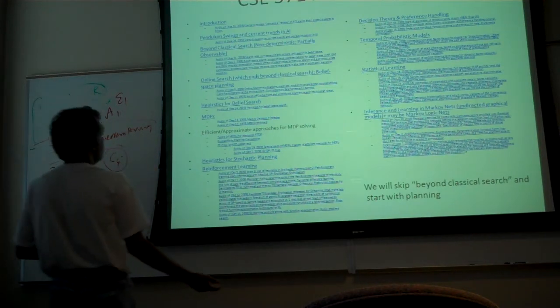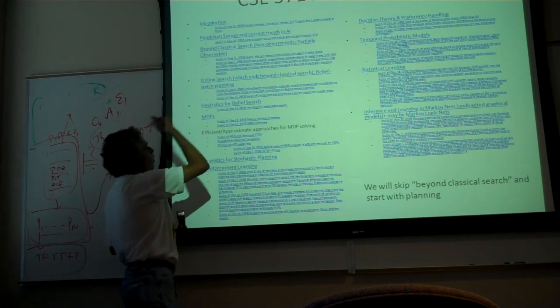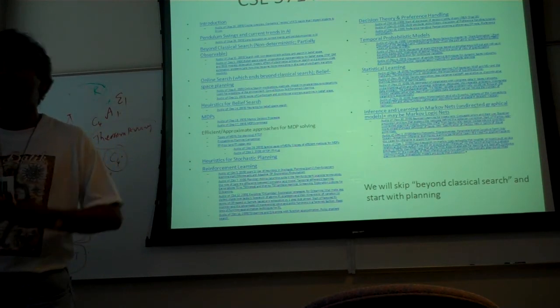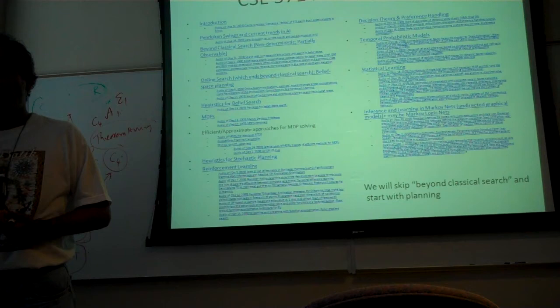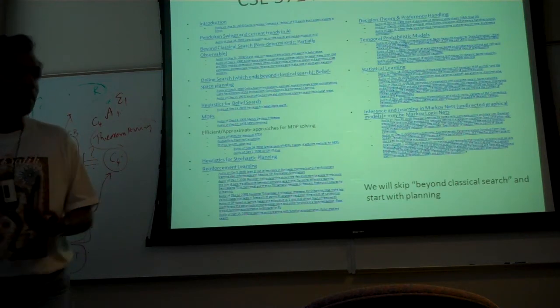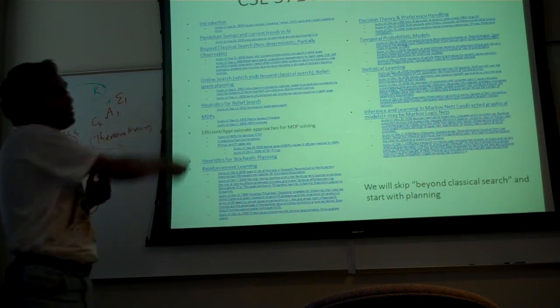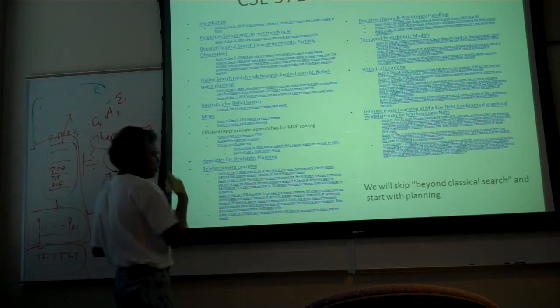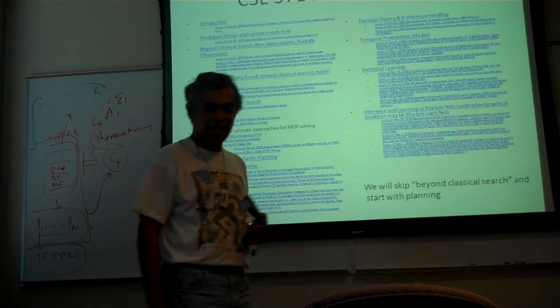Then we will go to MDPs, which is basically atomic representations for more complex reward models, and then talk about how some of the things in deterministic models can be used there. And we also did reinforcement learning, which I think I will do again this time.